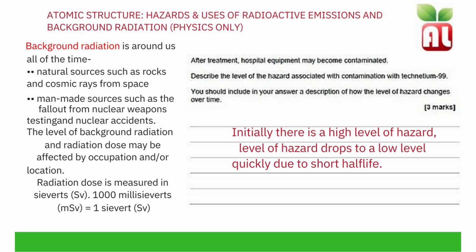Initially, there is a high level of hazard. Level of hazard drops to a low level quickly due to a short half-life. A reminder, half-life is the time taken for the count rate to halve. The shorter the half-life, the faster the isotope becomes safe.